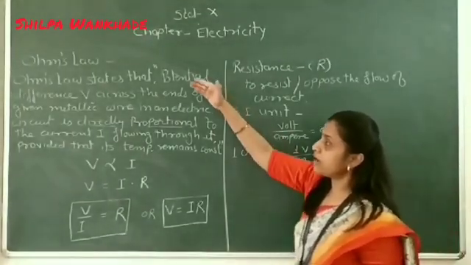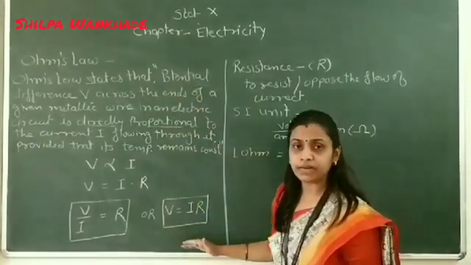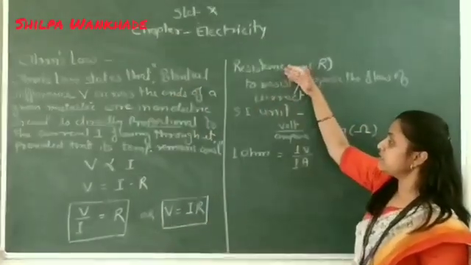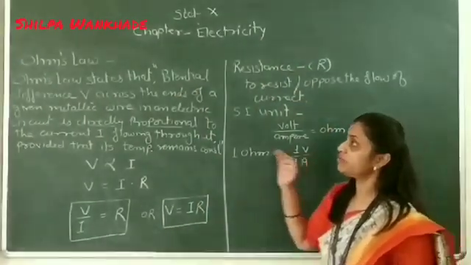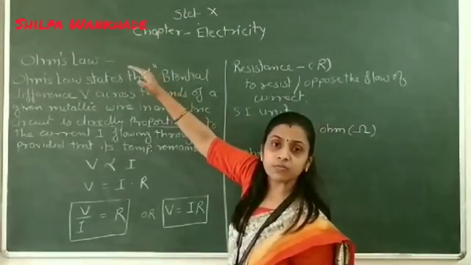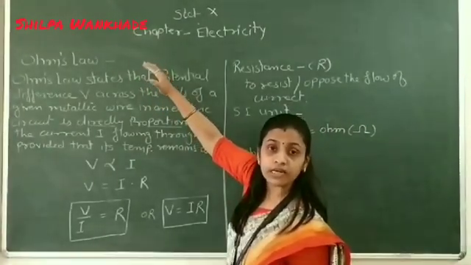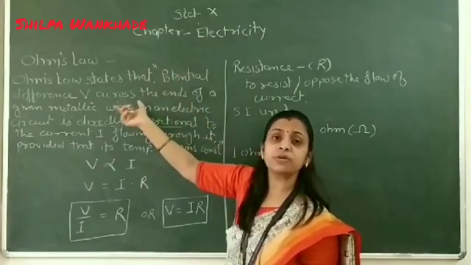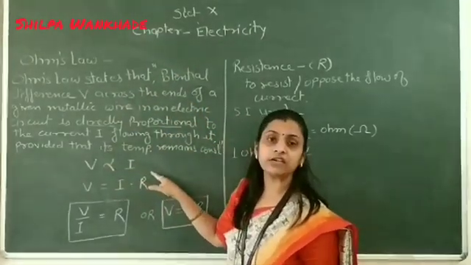So what do you mean by Ohm's law? What is its mathematical expression? What do you mean by resistance, and what is its SI unit? Ohm's law was first proposed by George Ohm in 1827, and it gives the relationship between the potential difference and the electric current.